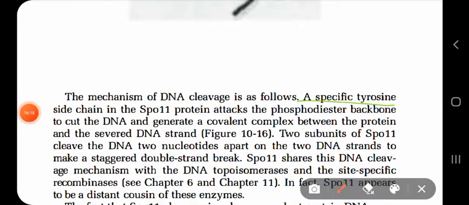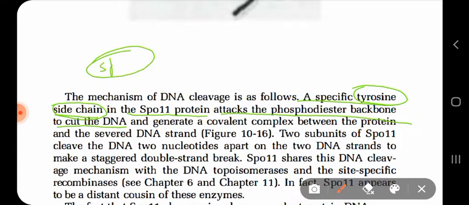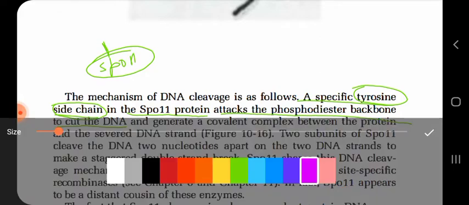There is a specific tyrosine side chain in the SPO11 protein, and that specific tyrosine side chain will attack a phosphodiester backbone to cut the DNA. So within SPO11 there is a tyrosine amino acid residue.